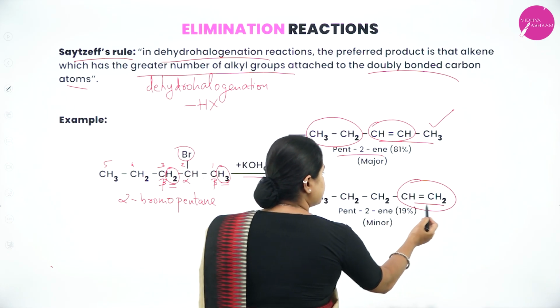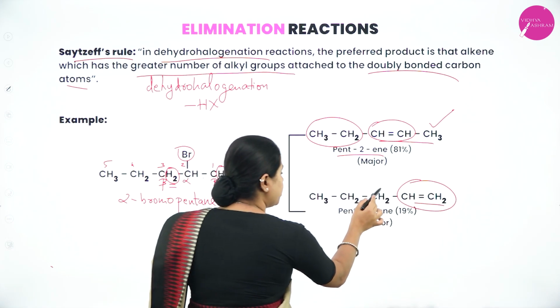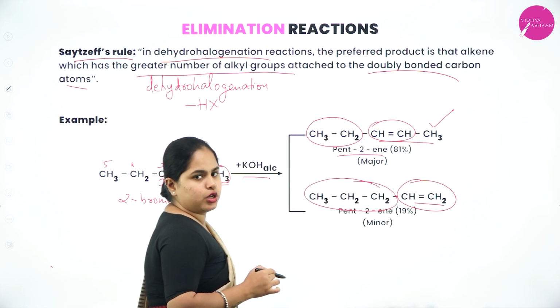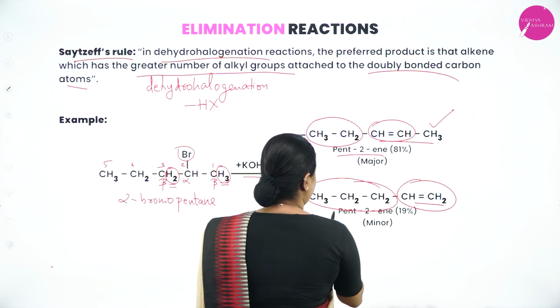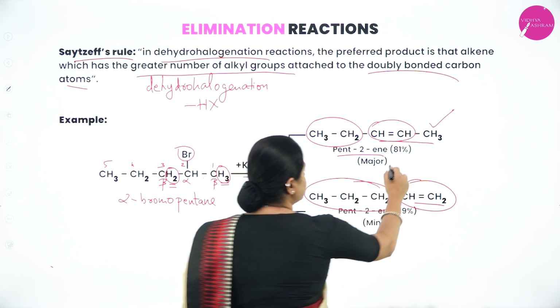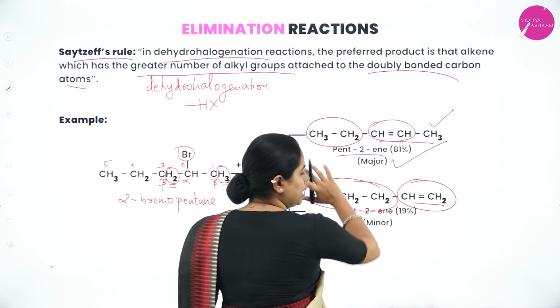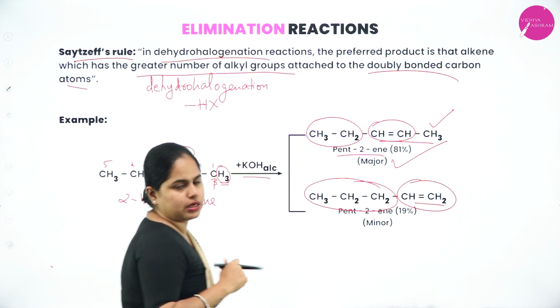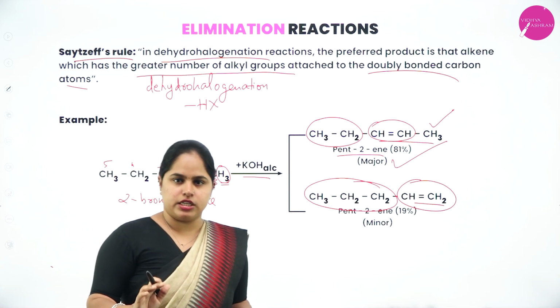But here you can see this is the double bonded system, but you have only one alkyl group, which is propyl group. Okay. So, here you are having 2, here you are having 1. So, according to the Saytzeff rule, which will be the major product? Of course, this will be the major product because 2 alkyl groups you are getting here, here only 1 alkyl group. So, based on that, you can decide if more than 1 beta hydrogen is present.